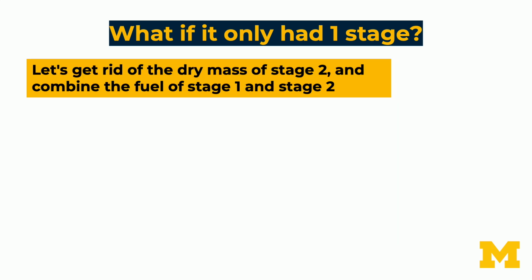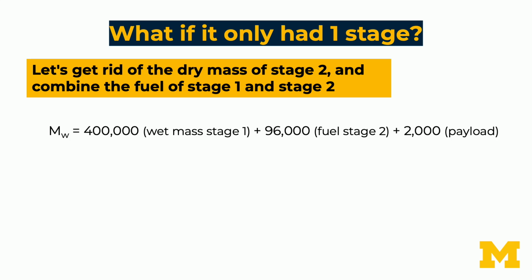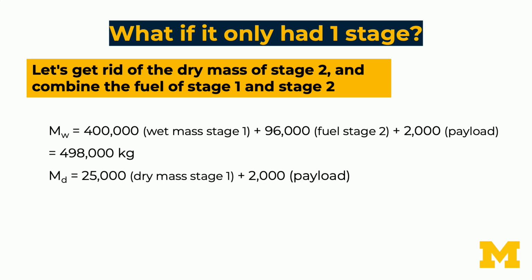Now let's say what happens if it only had one stage. Let's get rid of the dry mass of stage 2. Let's just say that we build a larger stage 1 and we add all of the fuel from stage 2 into stage 1, okay? So we say that the wet mass of stage 1 is the wet mass of stage 1 plus the fuel of stage 2 plus the payload, which is 498,000 kilograms.